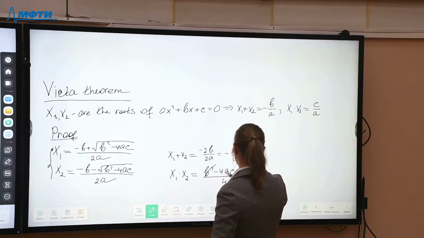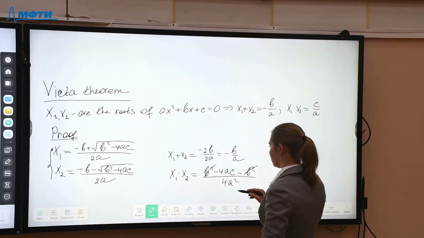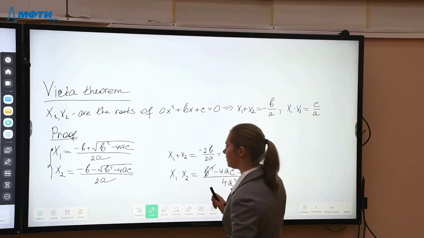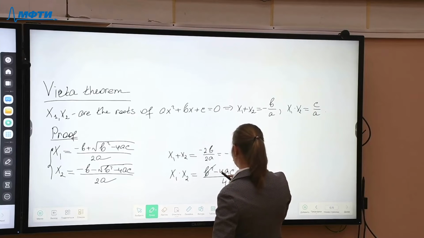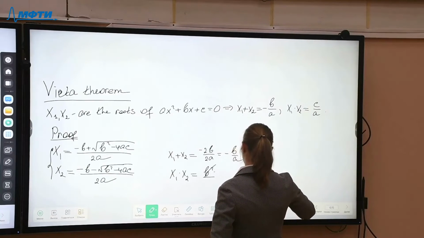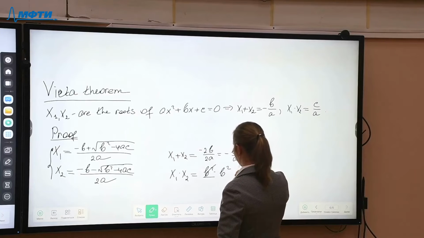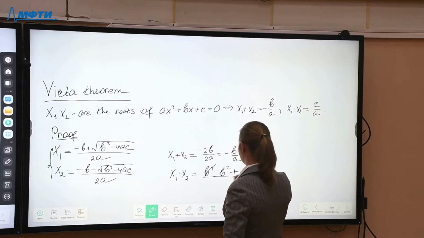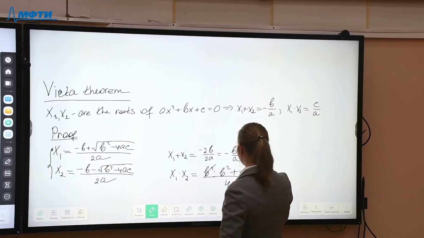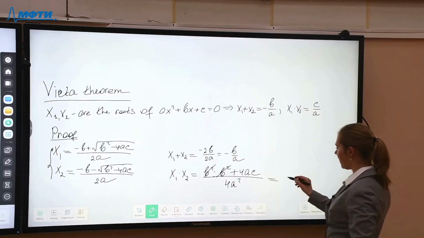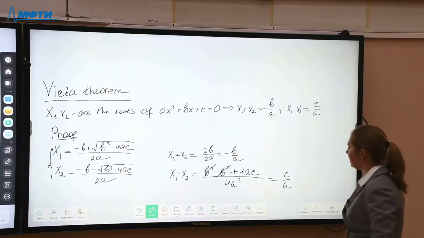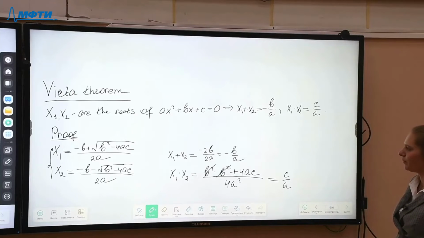Now we can cancel b squared, vice versa, b squared minus b squared minus 4ac, minus by minus is plus, over 2a, over 4a squared. So we can cancel b squared, we can cancel 4a, and finally we have c over a. So we have proved the theorem.